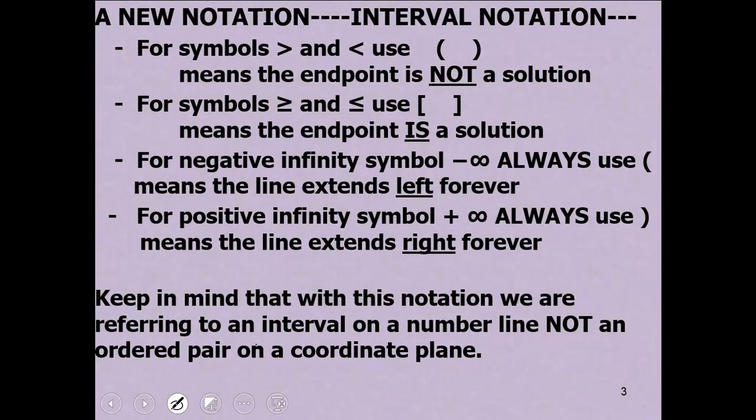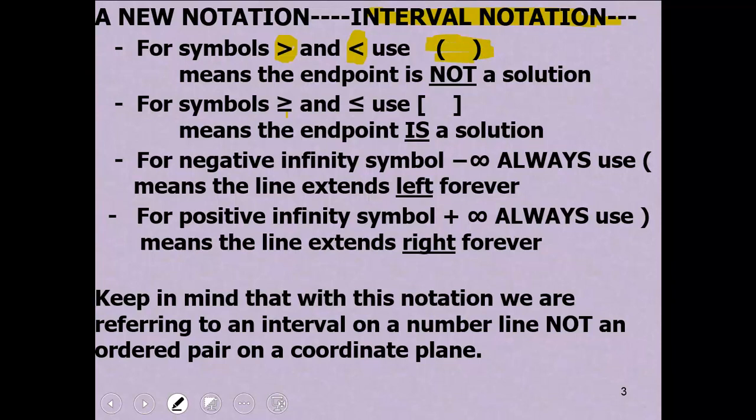All right, here's our new notation. This is called interval notation. We're going to use a system of parentheses or brackets depending on what our equation says and the implication of the equation. For symbols that don't have the equal sign underneath, like greater than or just less than, but not the little equal sign, you're going to use parentheses.